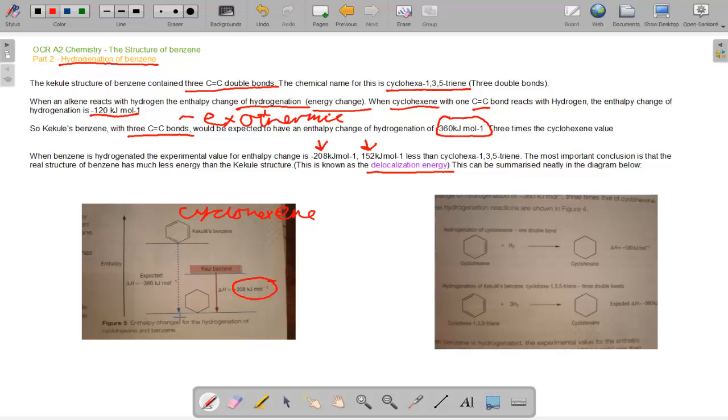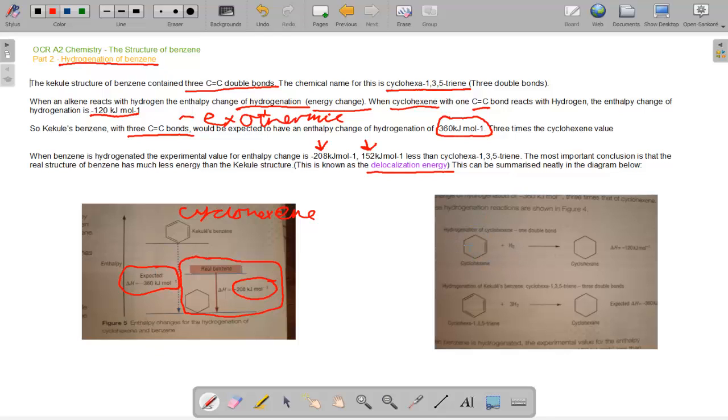So really the real benzene should have a lower energy, and it does. Kekule's structure has a higher amount of energy, or enthalpy.